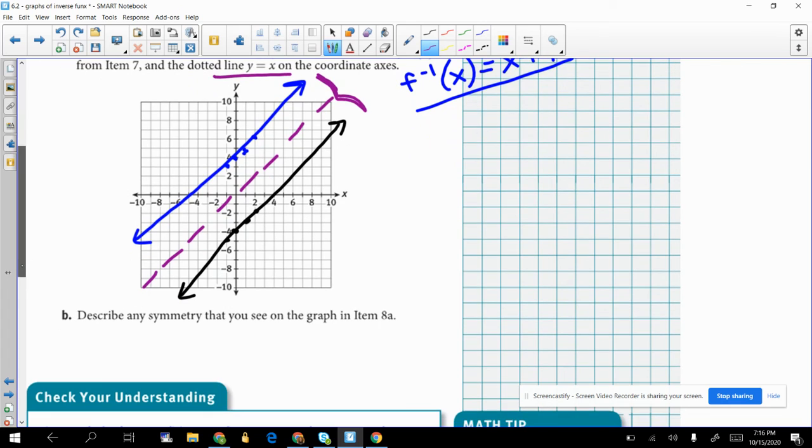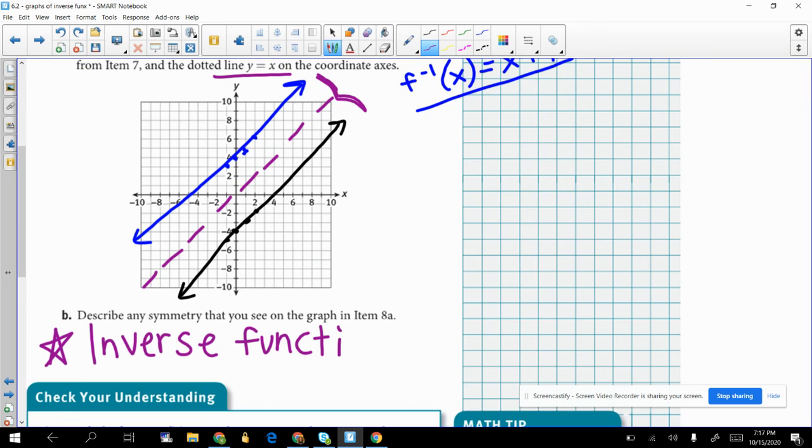So it says for part B to describe any symmetry that you see, and this is what I want you guys to jot down. This is important: all inverse functions, I know we just did 2 examples, but all inverse functions are symmetrical about the y equals x line.